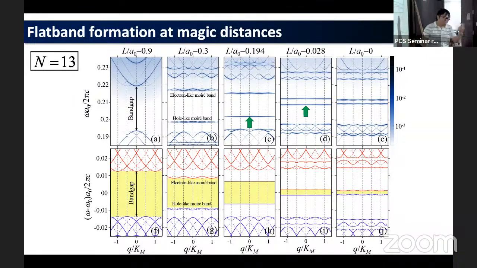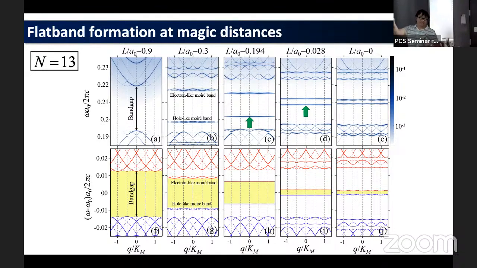By analogy with solid state physics, I call these electron-like moiré bands and hole-like moiré bands, with respect to these fake Fermi levels. You can see that this superlattice band is pushed more and more inside the band gap when we make them closer and closer, the limit being where L equals 0.